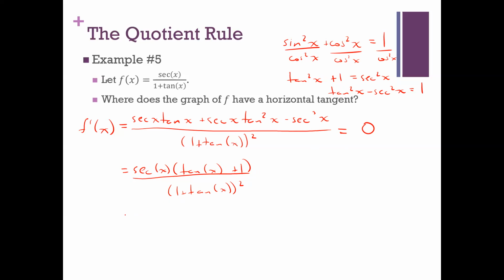So then in reality, what we're looking at is just this: secant of x over 1 plus tangent of x. I want to set that equal to 0. So really the only equation we have to solve to find the horizontal tangents is secant of x equals 0.